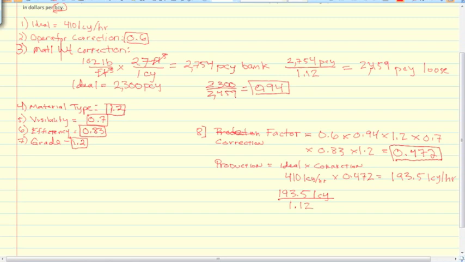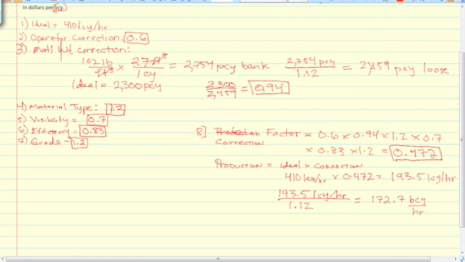So we're going to have a 12% decrease here in our production, because this is how much we are actually moving around loose. But if you remember, bulk is actually going to be smaller. So we're going to divide by 1.12, 172.7. And that's bulk cubic yards per hour. So there's our production.